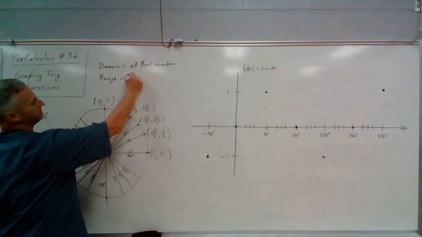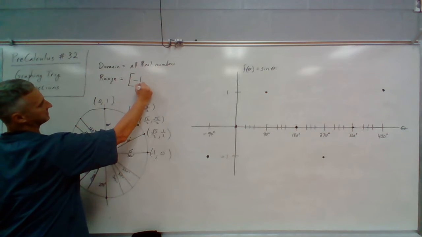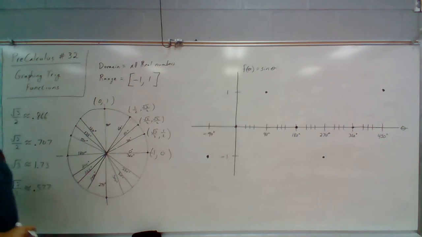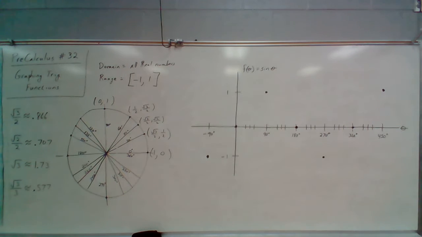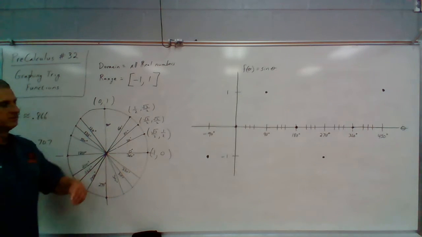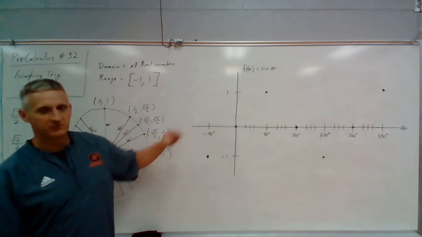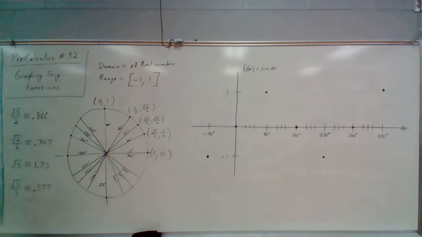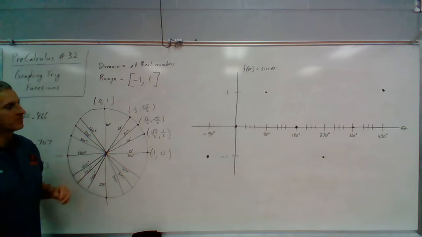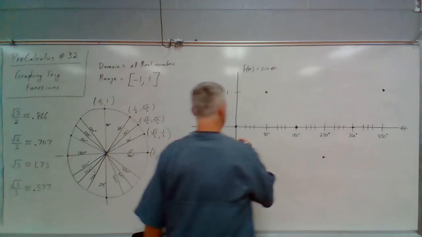Both of those are included, so we'll use square brackets. So there's my range from -1 to 1. And we'll see that you actually do get every point in between -1 and 1. Right now we only know a few points in between, but they're all there. All the y values get taken on.